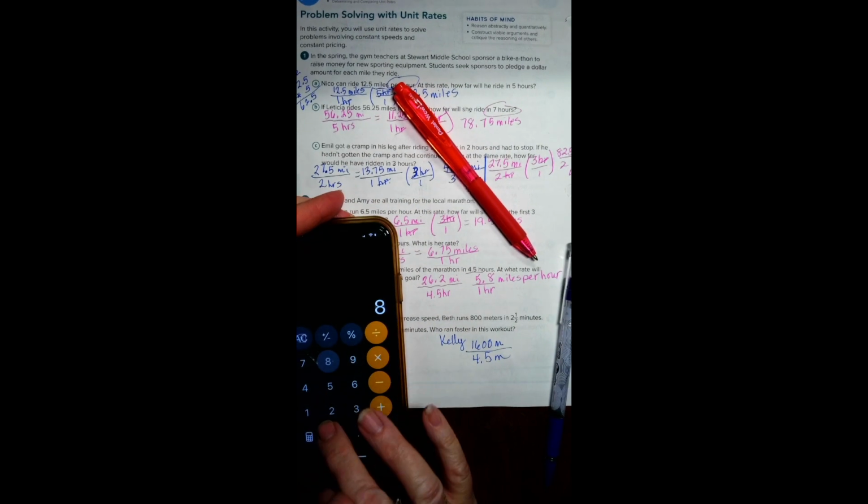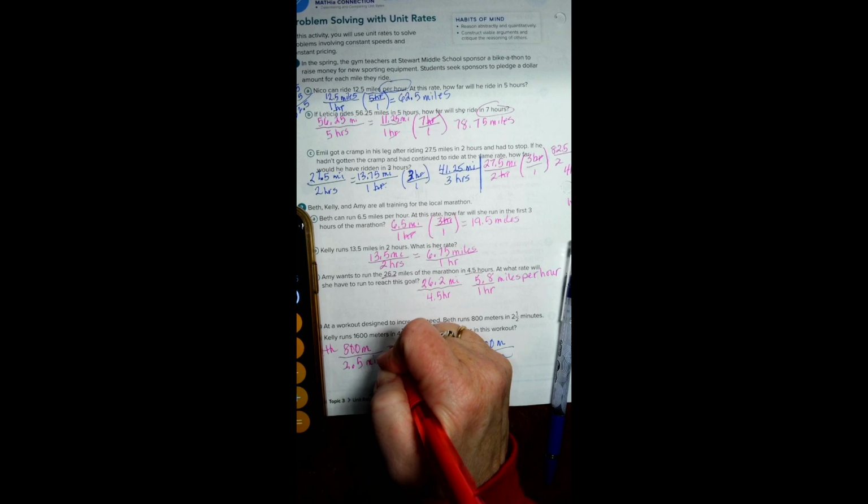So if we divide them out, 800 divided by 2.5 is 320 meters per 1 minute.